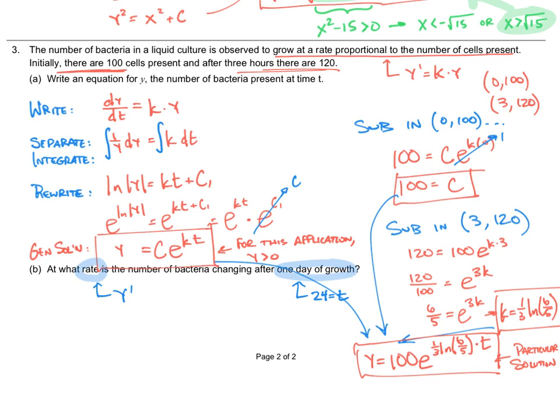Remember, y prime equals k times y. That means y prime equals k, which is 1/3 times the natural log of 6/5, times y.